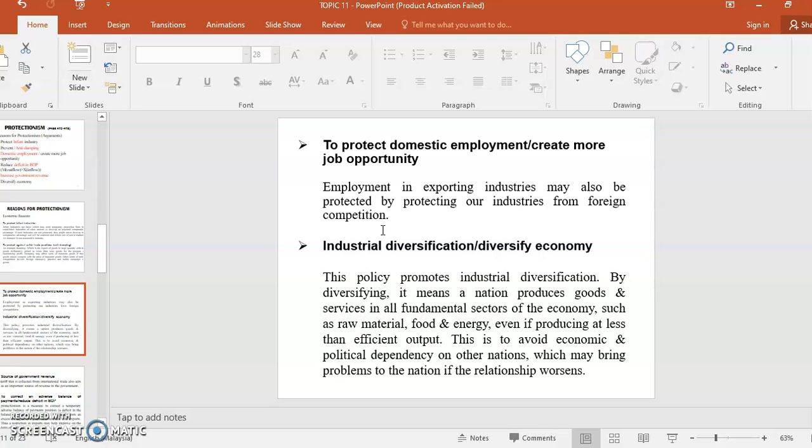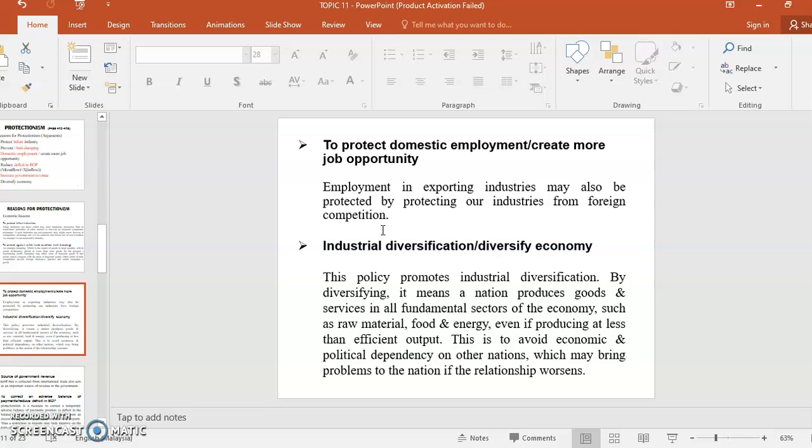Contohnya lah SME, produknya contohnya kerepek kan. Kalau tengok kerepek, banyak kerepek ubi, kerepek pisang banyak. Tapi ada juga kerepek dari luar negara yang sedap macam chips dia kan sedap kan. Tapi harga dia lagi mahal. Bila lagi mahal, kebanyakan citizen prefer to buy the local product, kerepek SME ni lah.